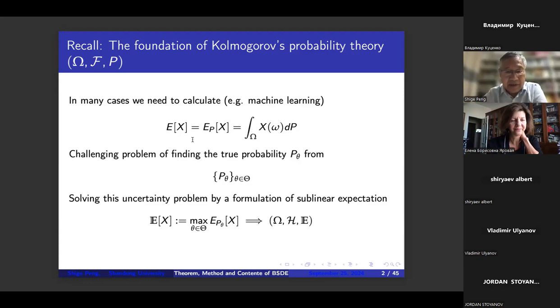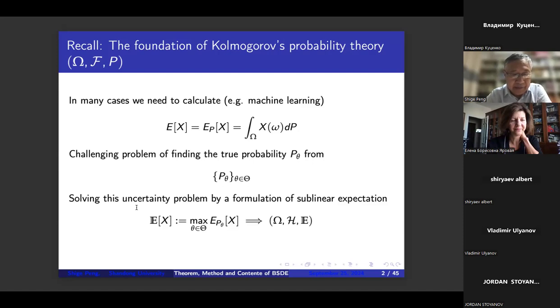Then we can follow Professor Kolmogorov to this very basic but challenging problem of finding the true probability P from the set of probabilities.